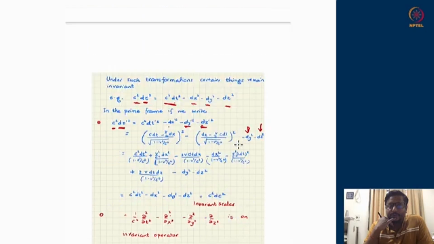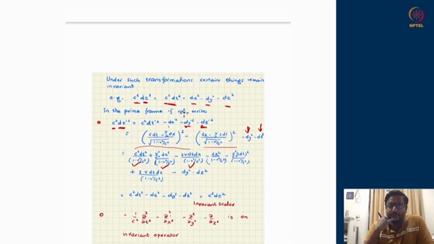We can open up those brackets and try to collect things. So you will see that opening this bracket will give rise to these three terms: a square plus b square minus 2ab. Opening this bracket will give again rise to three terms: a square plus b square minus 2ab, and then dy square and dz square. Now it so happens you can combine various terms.